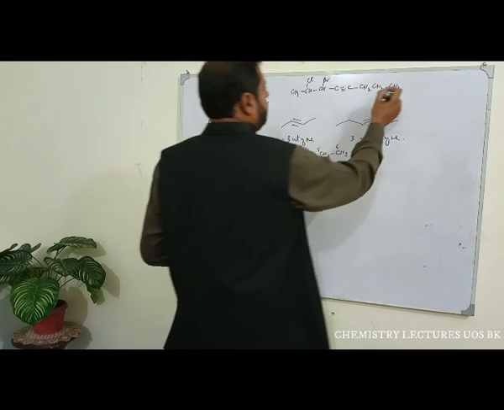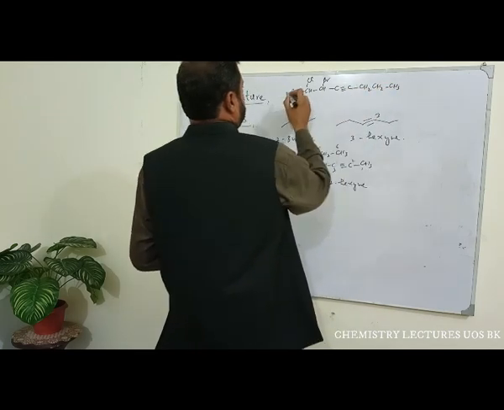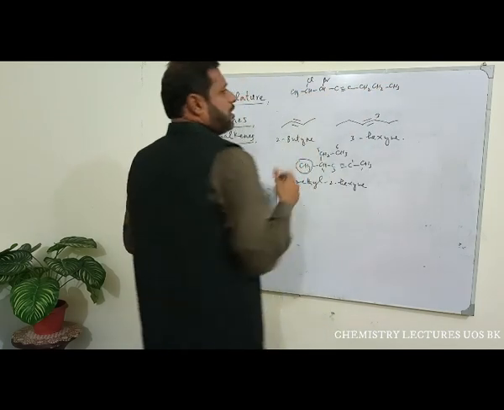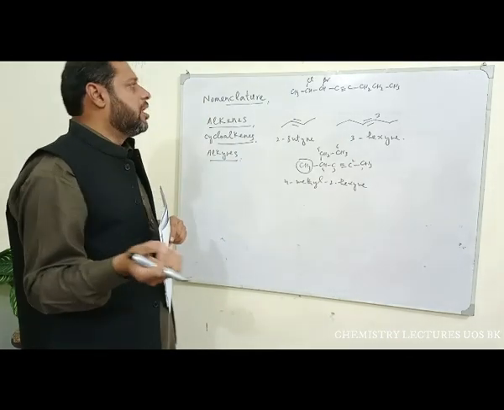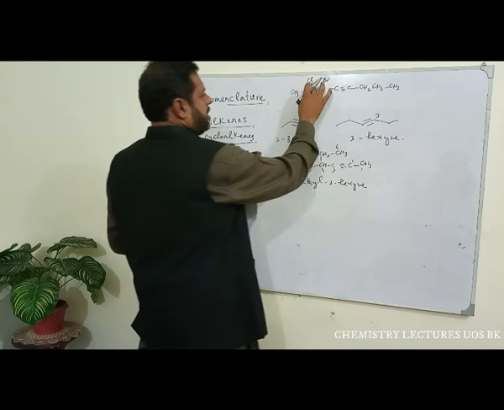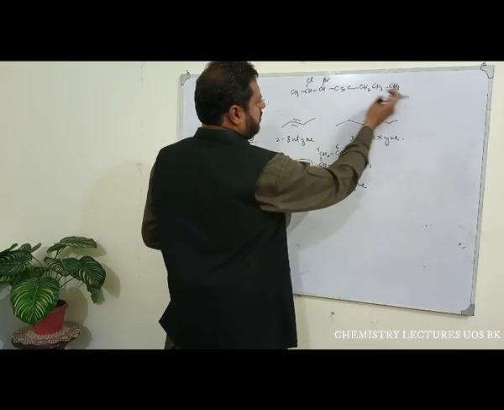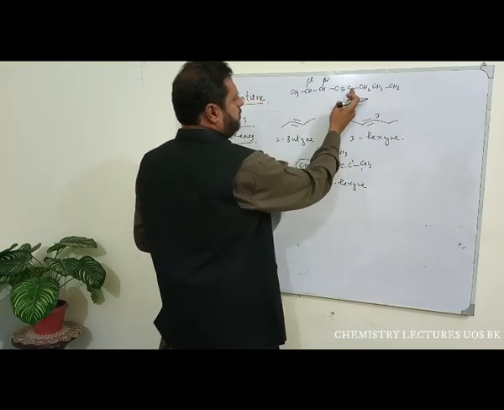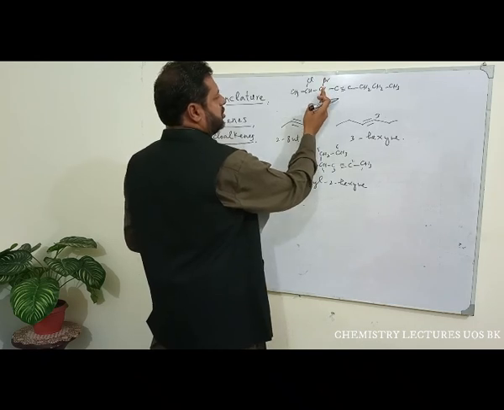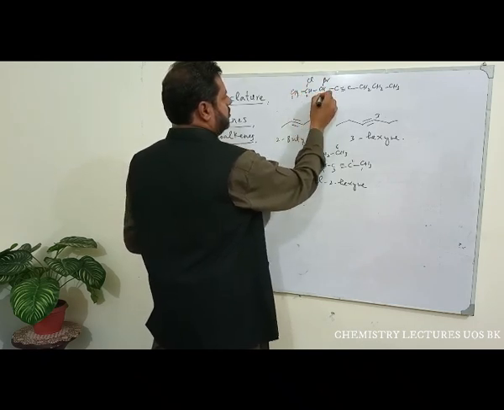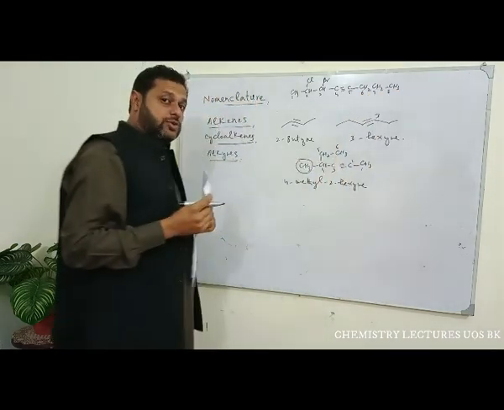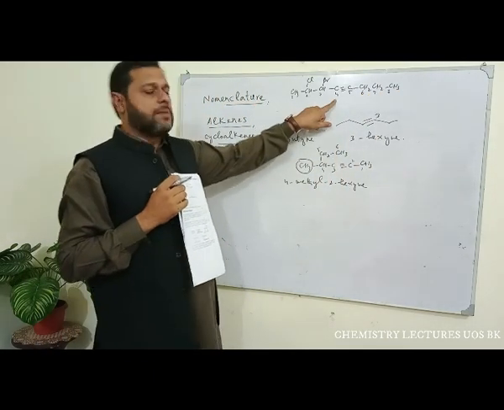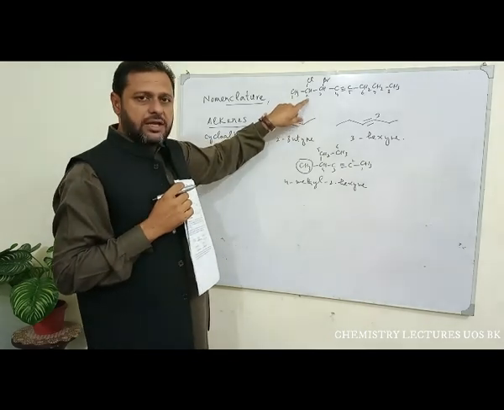If we start from here, it will be 1, 2, 3, 4. If we start from here, 1, 2, 3, 4. Now, because from both sides we can give 4 to the triple bond, we take care of the substituents. If we start from here, it will be the 4th position for the triple bond, but the bromo will be at the 6th position. But if we start from here, 1, 2, 3, 4, 5, 6, 7, 8. So there is no change in the position of the triple bond, but the substituents get the least position.